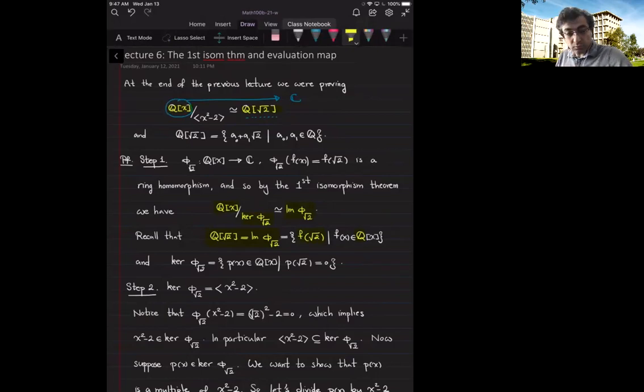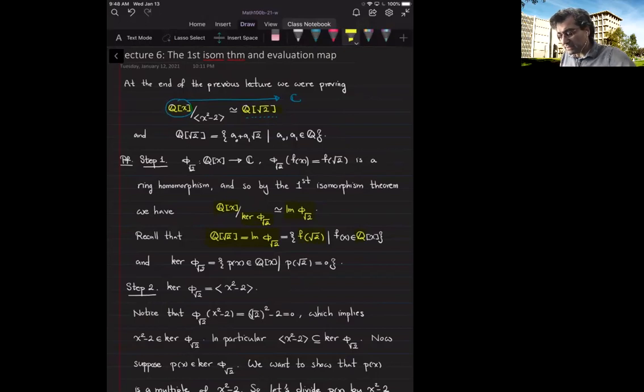We need to show that the kernel of this map is indeed the ideal generated by x squared minus 2. It's the principal ideal generated by x squared minus 2. That again means that it consists of polynomials that are multiples of x squared minus 2. But what is the kernel of the evaluation map?